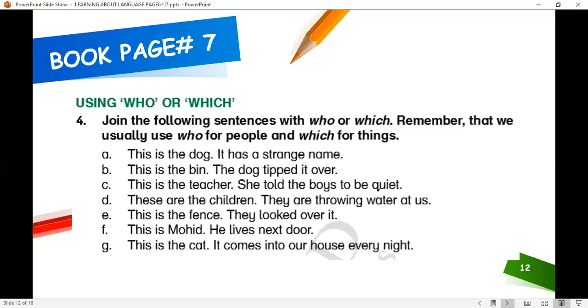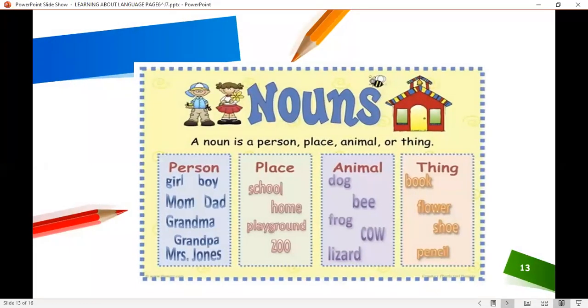Now, let us move on to our last topic, that is nouns. A noun is a person, place, animal, or thing. For example, under the heading of person, we can say a girl or a boy, mom, dad, grandma, grandpa, Mrs. Jones.